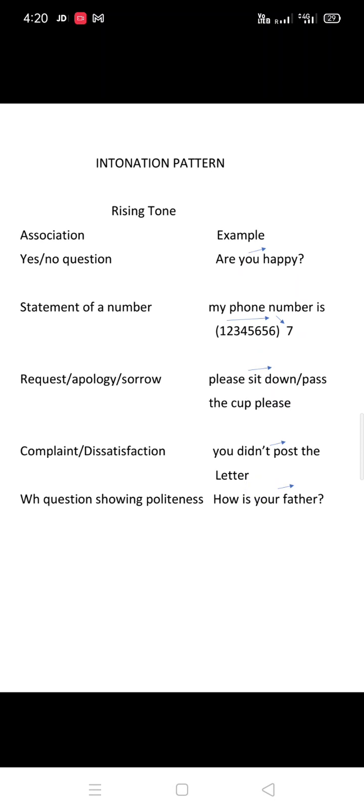Like please sit down. Here the tone should be rising, but you have to say it firmly, like let me pronounce, please sit down, please sit down, in this way. Pass the cup please. You should be polite, but the tone should be rising.